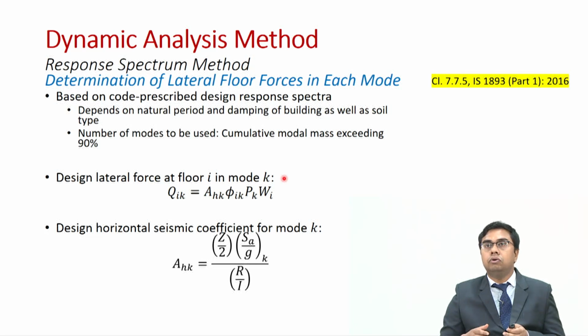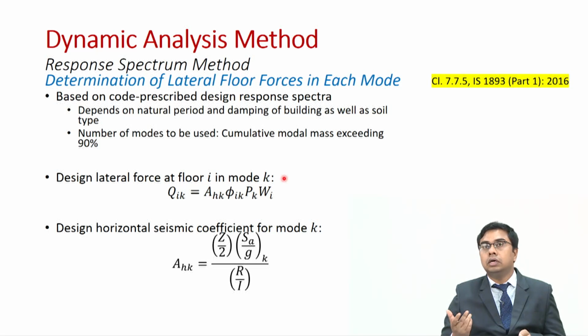Now how many modes should we consider? For that, if your cumulative modal mass exceeds 90%, it is all good. So let us say that 82% of the mass contributes to mode 1, which means that the modal mass for the first mode is 82%.